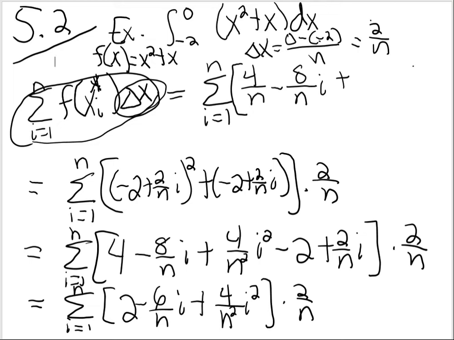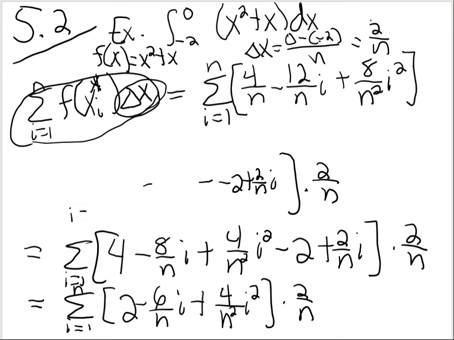Or sorry, it shouldn't be 8 for the second term. It should be 12 over n i. And then plus 8 over n squared i squared. And so we just need to come up with a nicer formula for that sum.